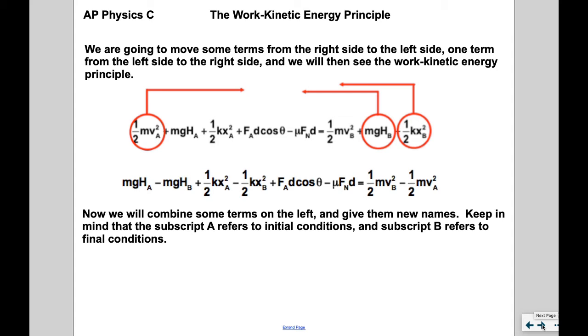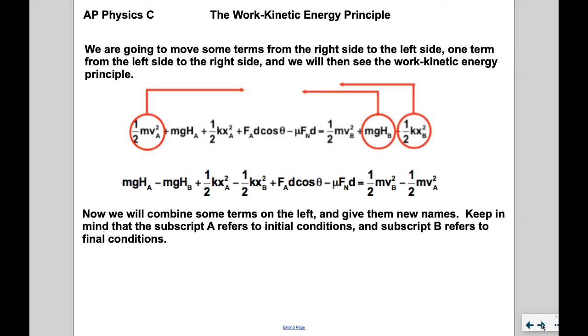So keep in mind, as we look at these, that anything with a subscript A indicates that location in the problem. Typically we would call that the initial condition, and then subscript B refers to the final condition.